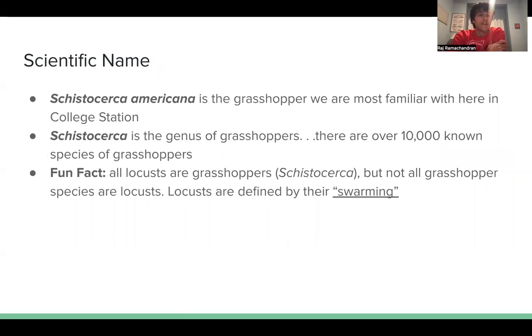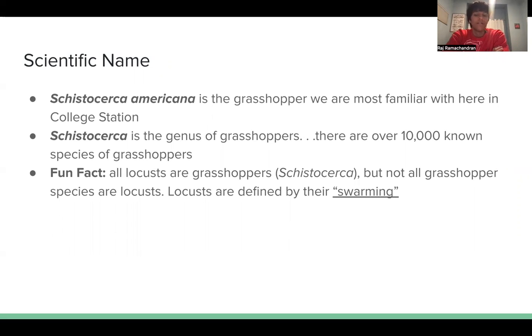Their scientific name is Schistocerca americana, which is the grasshopper we're most familiar with here in College Station. But Schistocerca is actually the genus of grasshoppers. There's over 10,000 known species of grasshoppers in the world, with about, I think, 600. Don't quote me on that 600, but something like 600 in the United States.